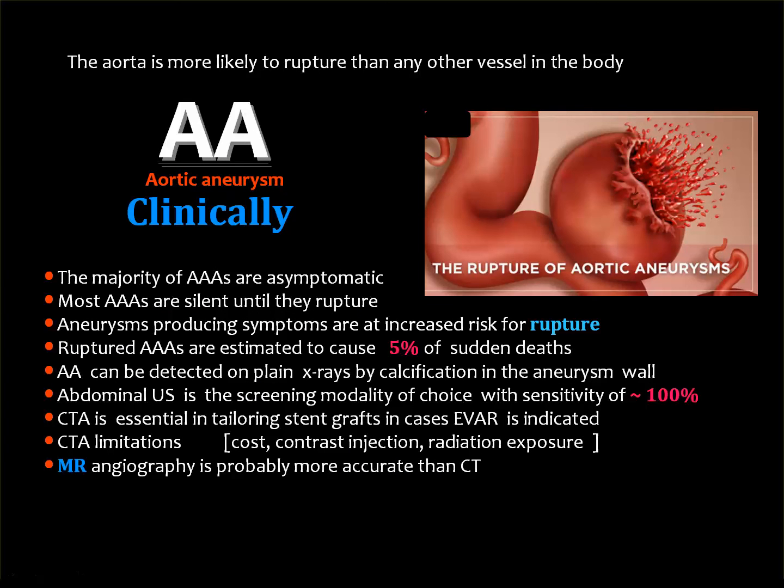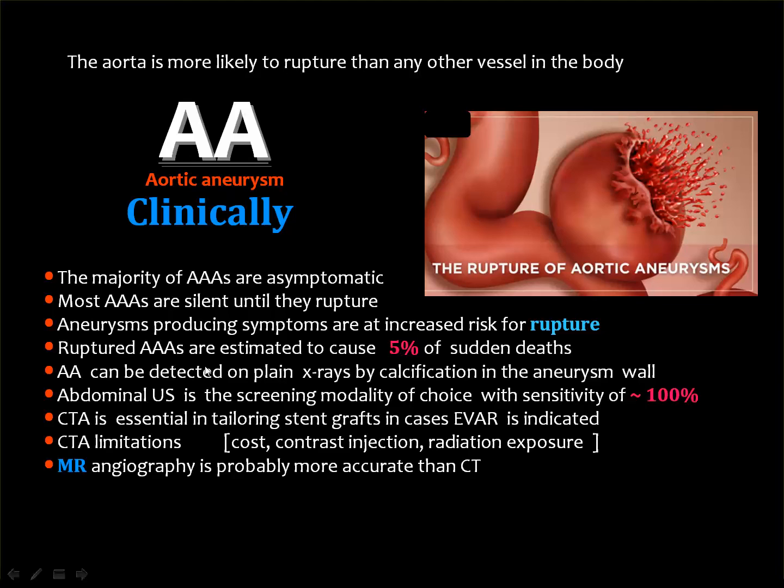As for the clinical presentation, most aortic aneurysms are asymptomatic, and symptoms may result from pressure effects due to the big size of the aneurysm, or if the aneurysm has ruptured.